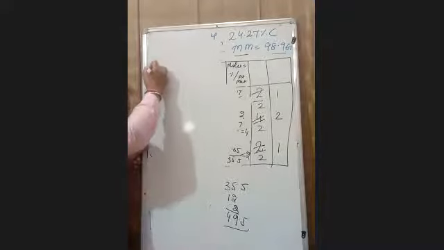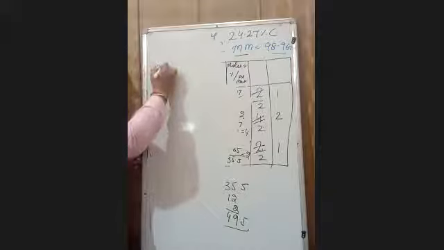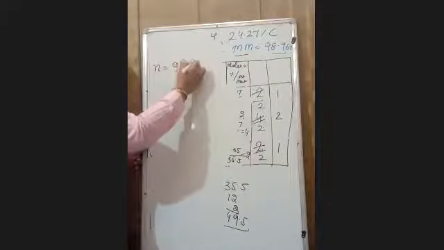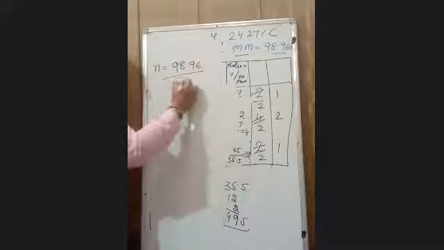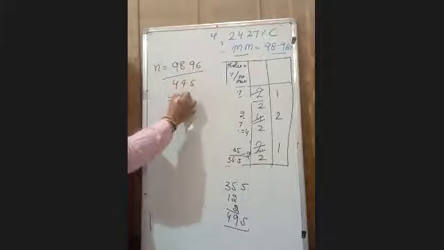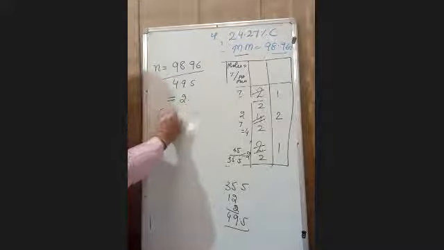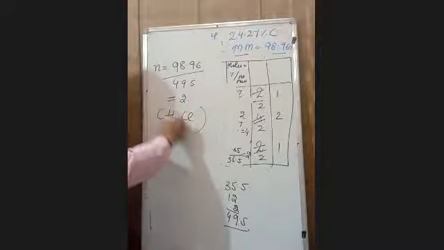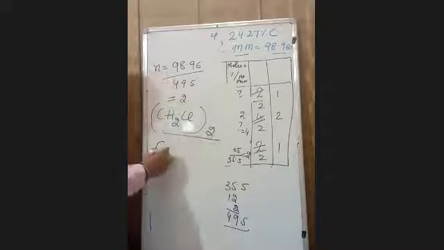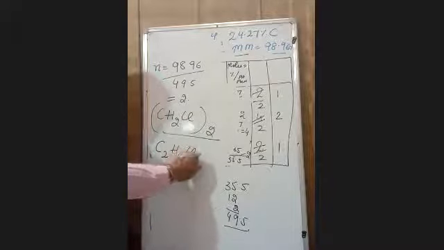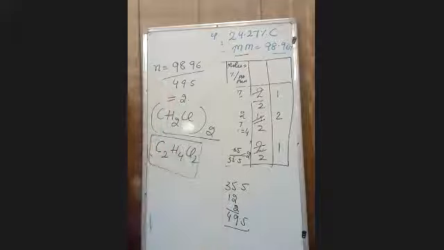N is equal to molar mass over empirical formula mass. It nearly comes out to be 2 point something, but we will take 2 because we want a whole number. So put CH2Cl times 2. It comes out to be C2H4Cl2. This is the molecular formula of the compound.